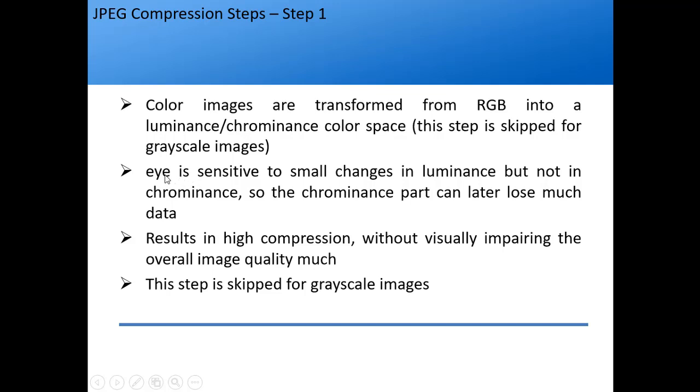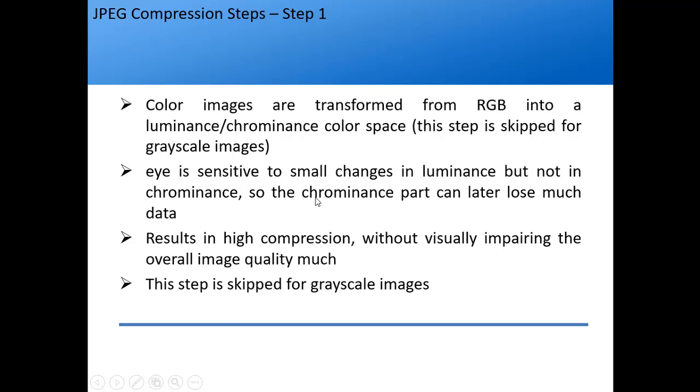We know that the eye is sensitive to small changes in luminance but not in chrominance. So the chrominance part can later lose much data. The luminance part is very important for our eye to decode. So we don't compress the luminance part much, that is, we don't try to lose data in luminance, but we can compress a huge amount of the chrominance color space.